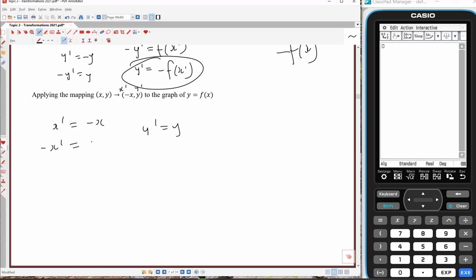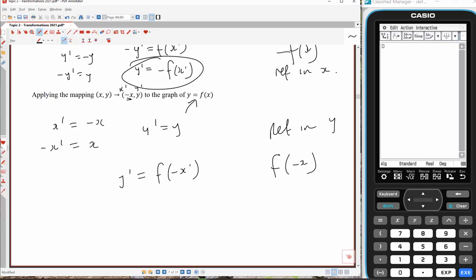Negative x dash equals x, y dash equals y. So let's pop them into that. So y dash equals f of negative x dash. To do this, which is a reflection in the y-axis, all we do is drop into the function f of negative x. So this will be a reflection in y. This one here is a reflection in x.